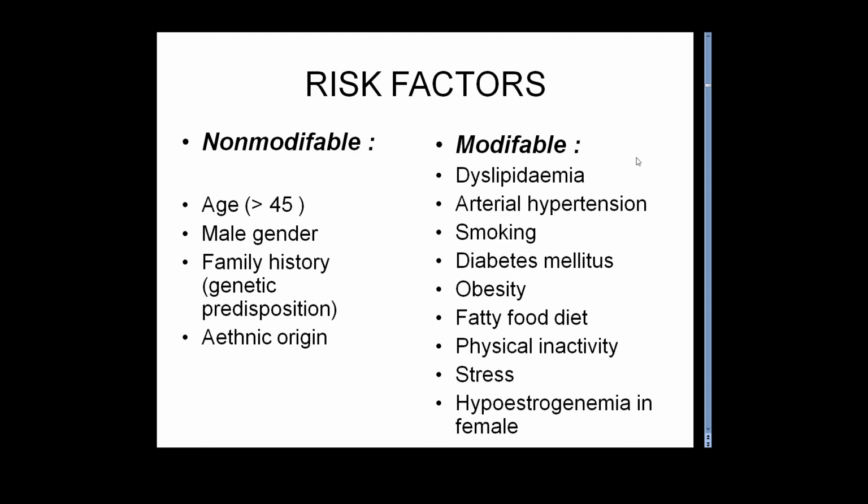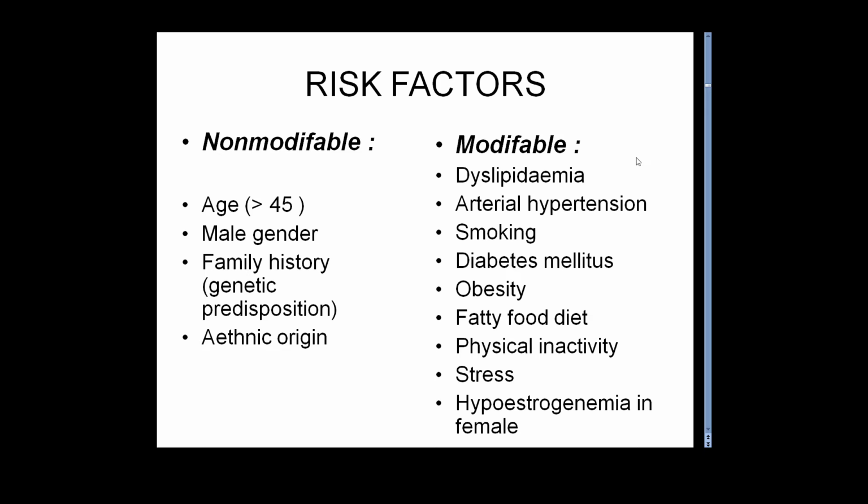The risk factors of ischemic heart disease and acute MI, I repeat, include non-modifiable, uncontrolled risk factors and modifiable, controlled risk factors. Non-modifiable risk factors consist of age, male gender, family history, and genetic predisposition.